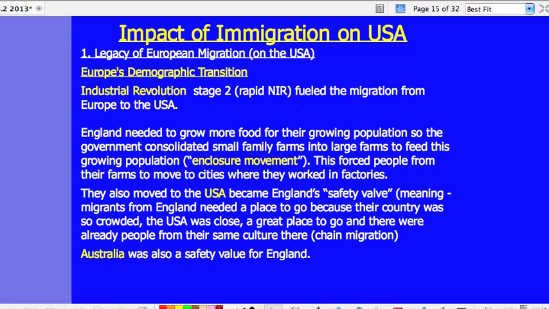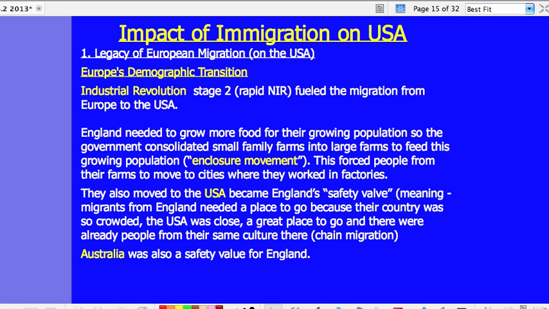In stage 2 of the demographic transition, people will move internationally. They will leave their country because it's so crowded, or they will move internally to a different region, from rural farms to urban cities where they work in factories.